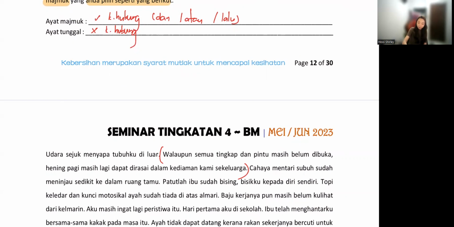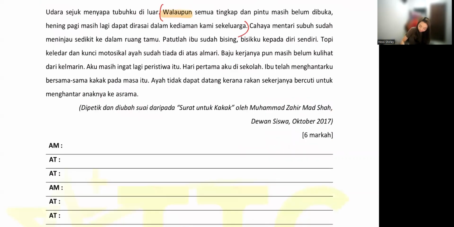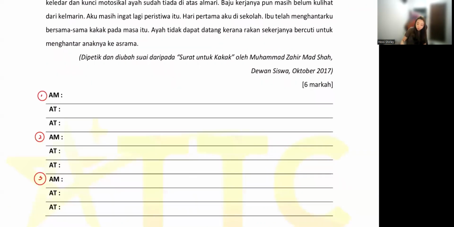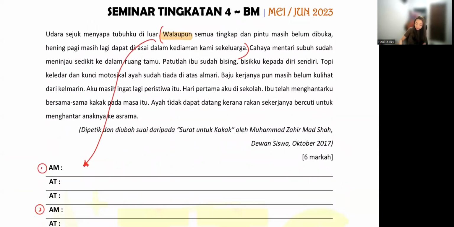Exactly, walaupun. Okay. So how do we do it? You see the template here. So this is like the first question. Of course, in the exam, they don't have something like this, so you need to do it yourself. In the exam, it is just blank. So for this sentence, you copy it down. And then the ayat tunggal.